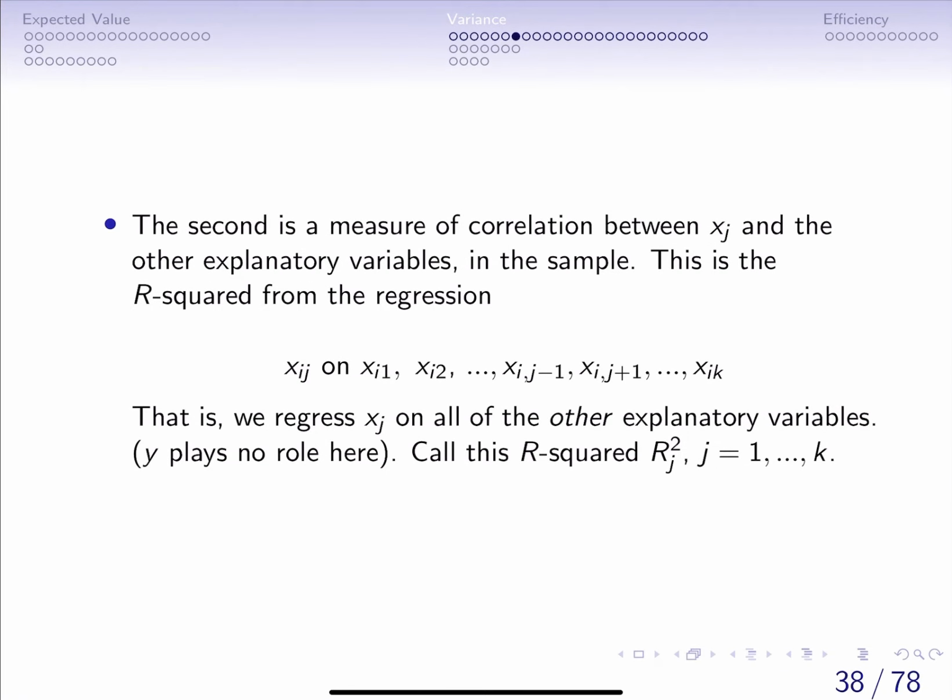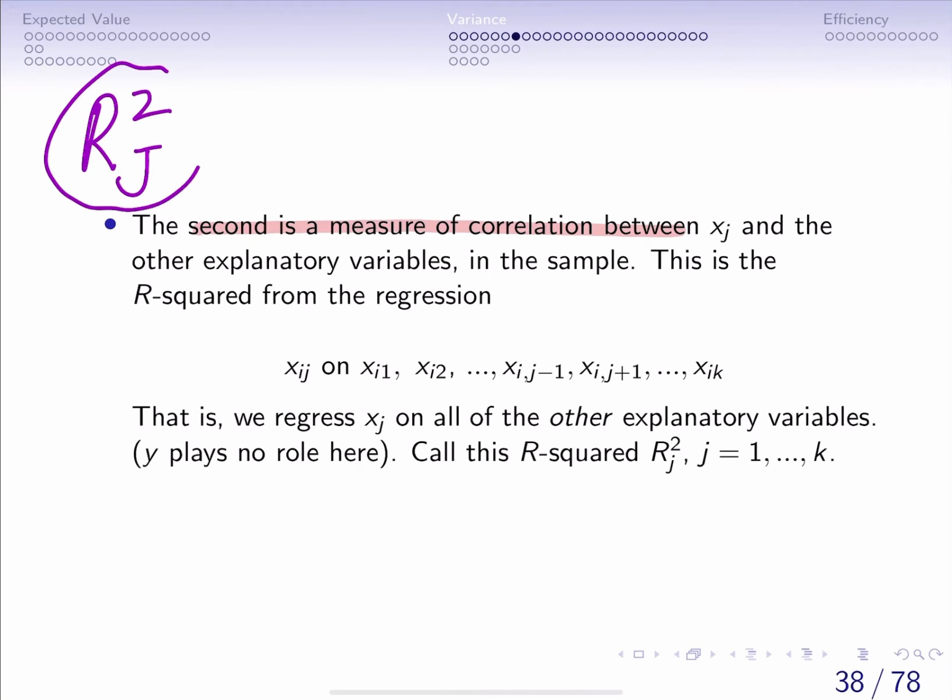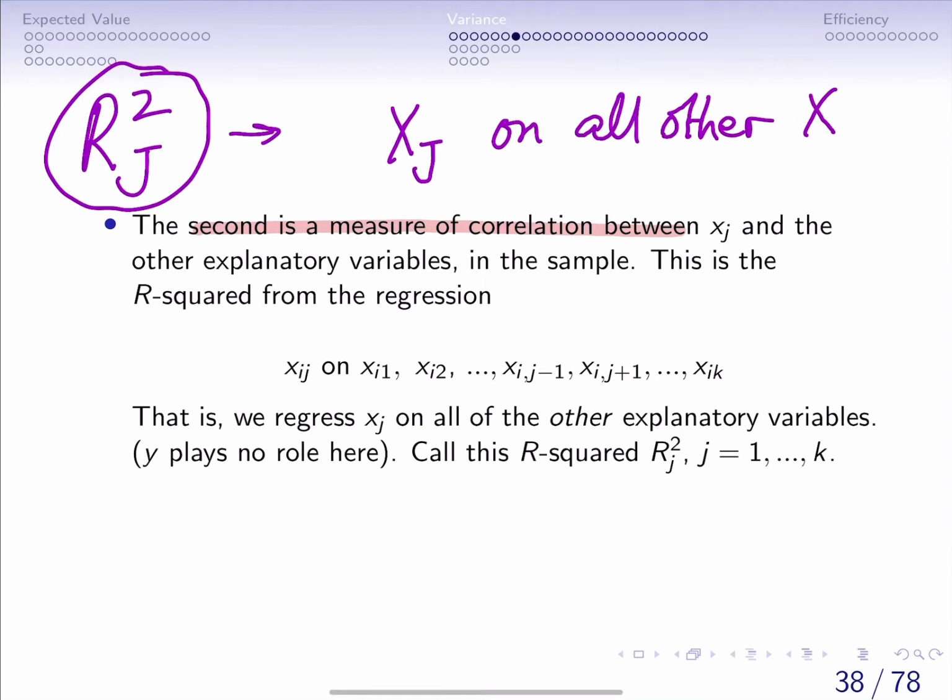The second measure that we are interested in is going to be important because we're going to call that R square j. It's not your traditional R square, so keep in mind that this is interpreted as the R square that you get when you regress xj on all other x's.